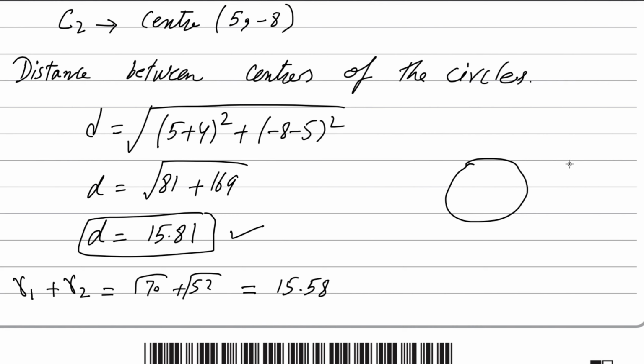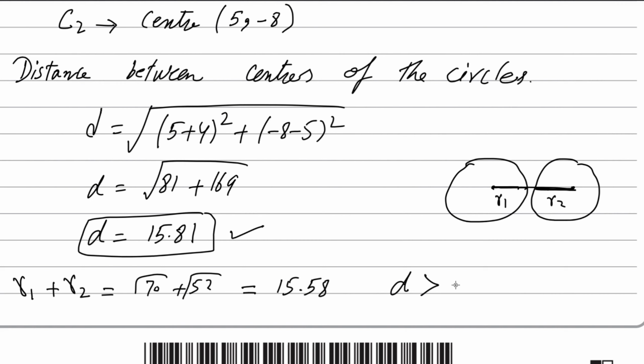If these are two circles, let me write over here, like this, we will find the distance between two centers. If it is more than the sum of these two radii, let's say this is R1, this is R2, okay, and the distance is a bit more than the sum of these two radii. Got it?